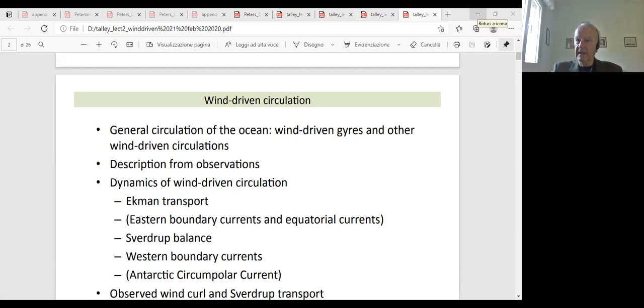Westerlies are in the mid latitudes, and trade winds are in subtropical areas. So here you have the spatial variability of the wind. Here you have the wind coming toward you, and here the trade winds are going into this screen.